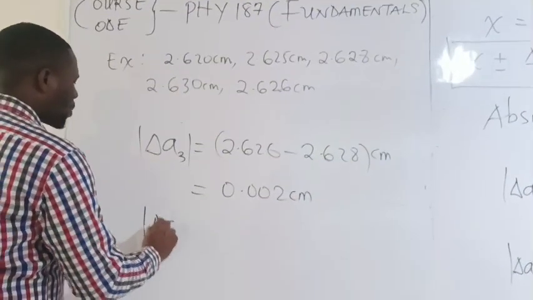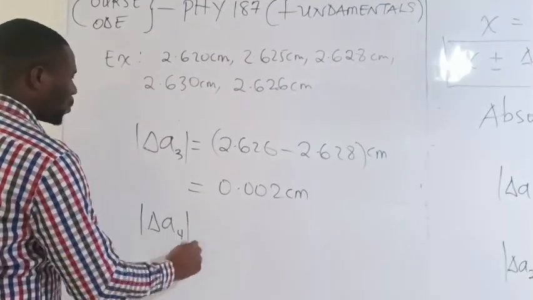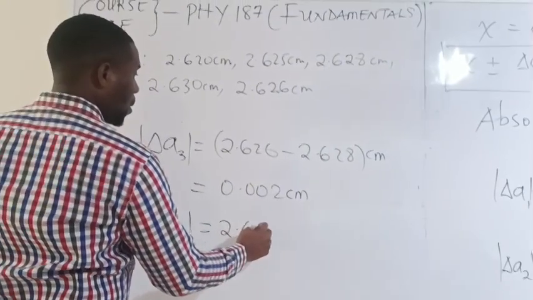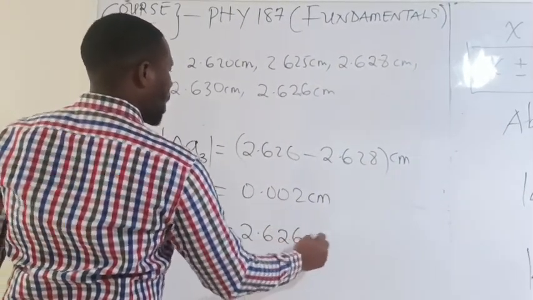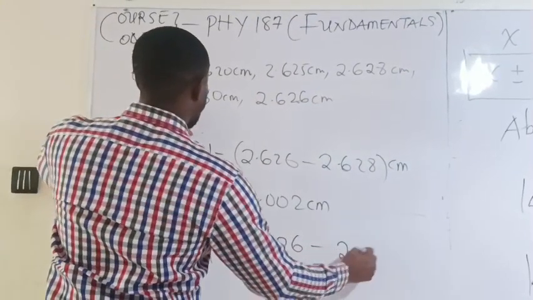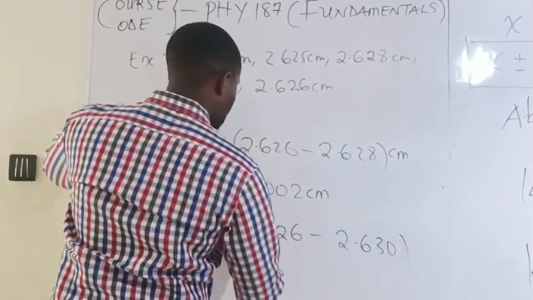The absolute error in the fourth value is simply the mean value minus the fourth value, 2.630, all in centimeter.